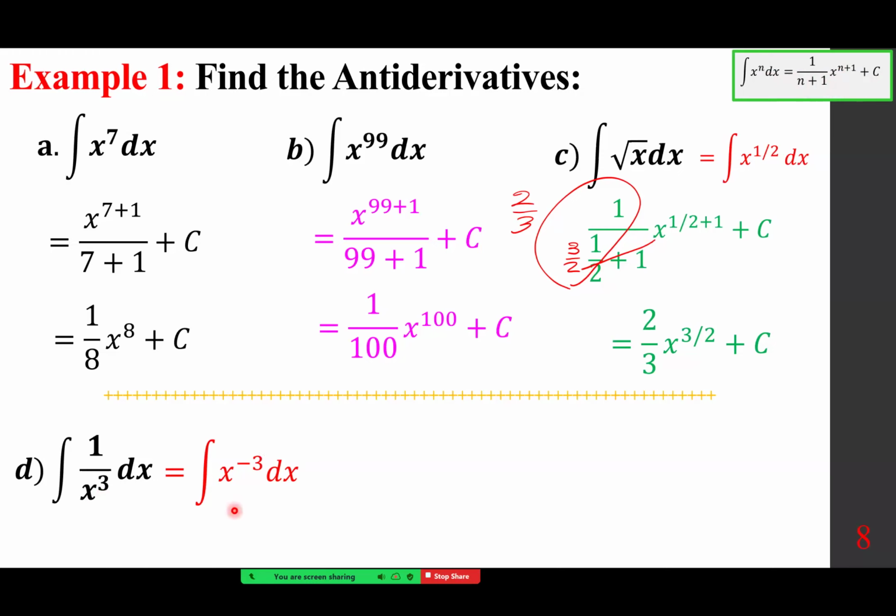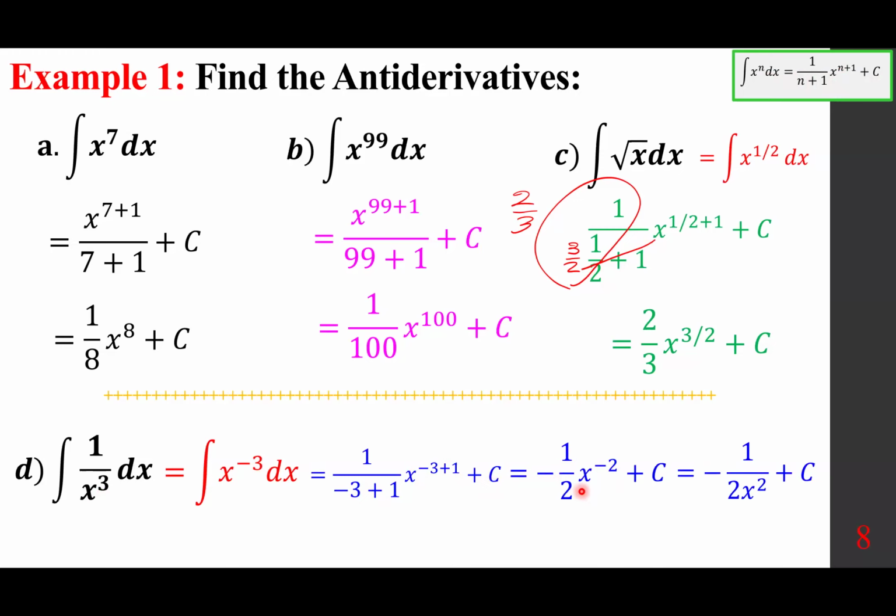So 1 over negative 3 plus 1, x to the power of negative 3 plus 1. Please don't forget the constant. So this is negative 2, this is negative 2, and so you can write this as negative 1/2. This goes down, so you get minus 1 over 2x squared and a constant. So these are power rules.